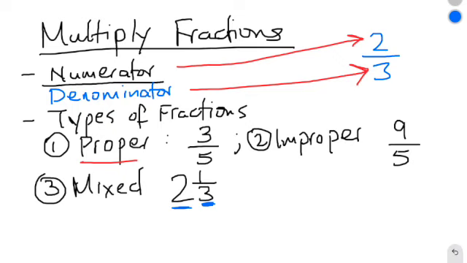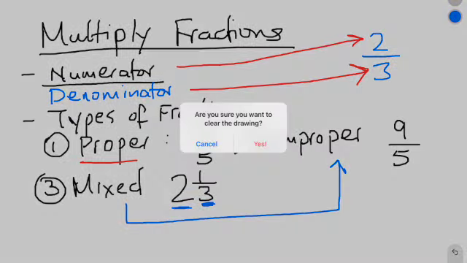We'll see that this mixed fraction will turn out to be an improper fraction as we go through the example problems today. So let's take a look at multiplying proper fractions first.